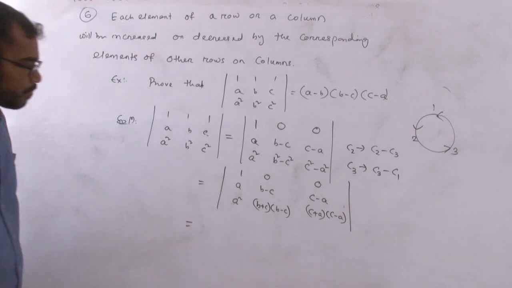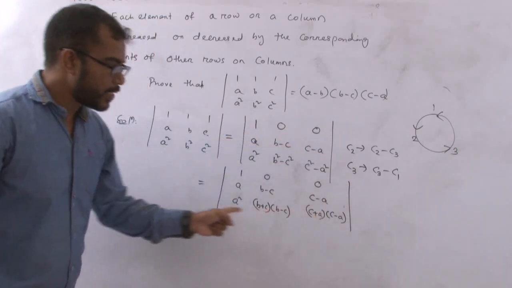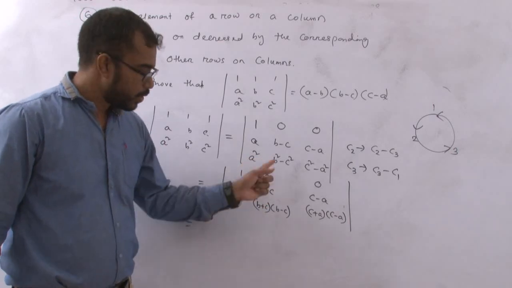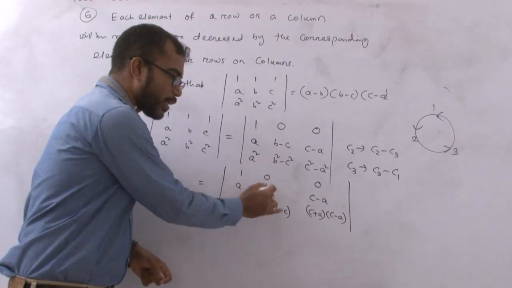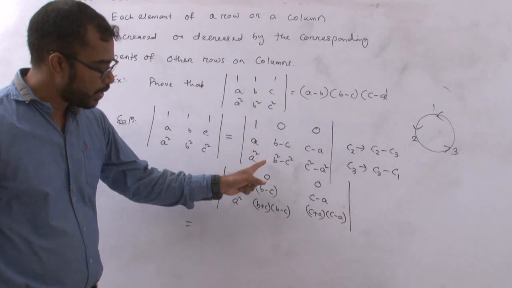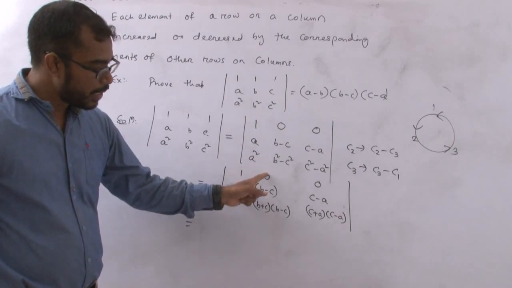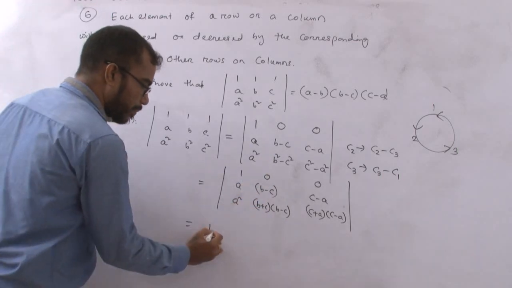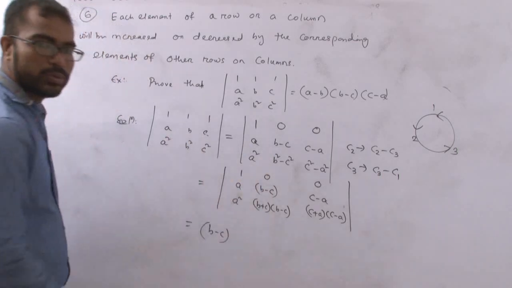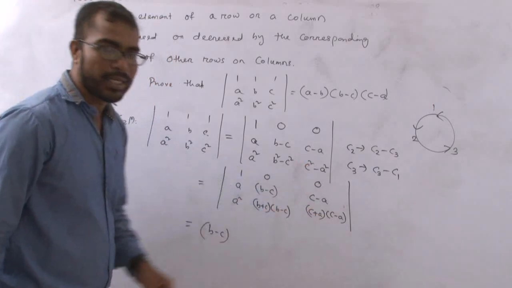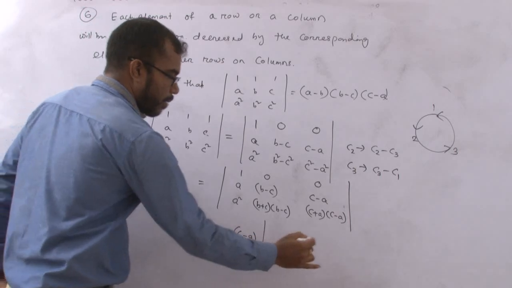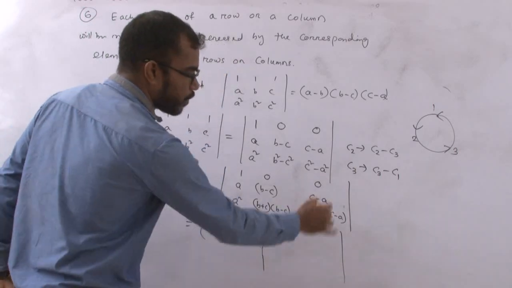Now in this determinant we take common the required factor: b minus c from column 2, and c minus a from column 3.